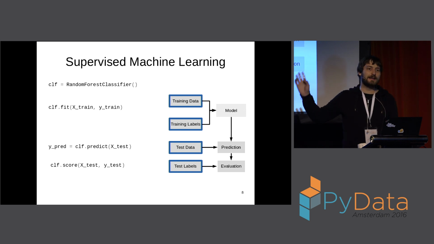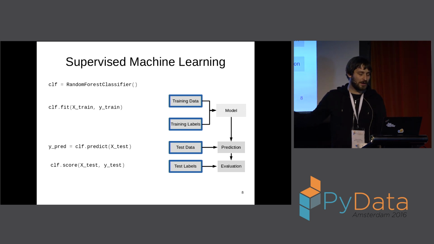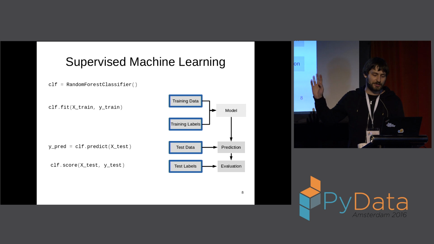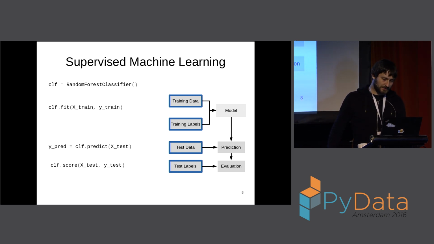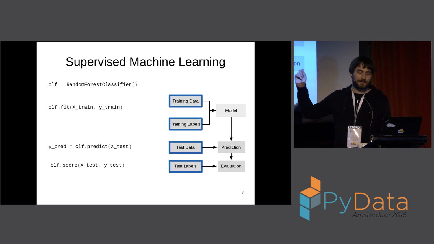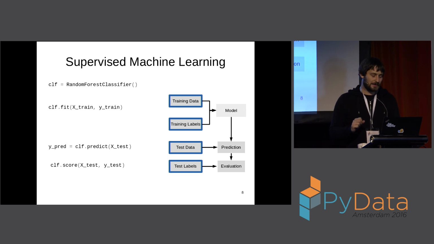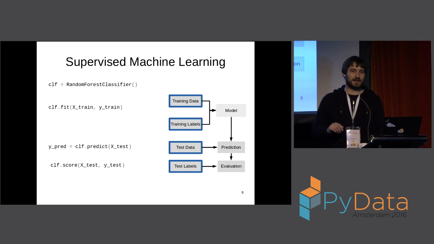And this basic API is the same for all classification and all regression algorithms. And they all have these fit and predict methods. What scoring does is basically it makes a prediction, and for classification, it computes the accuracy, so how many of the predicted labels are the same as the test labels, and for regression, it uses the R-squared.